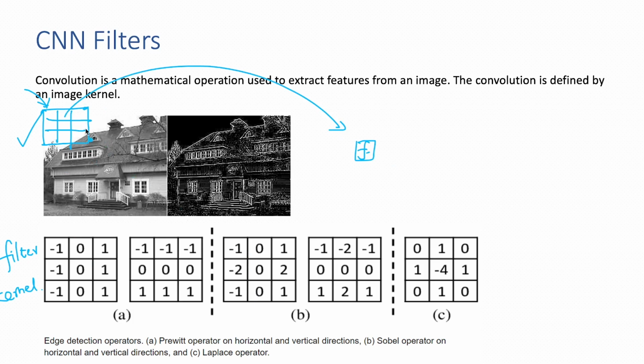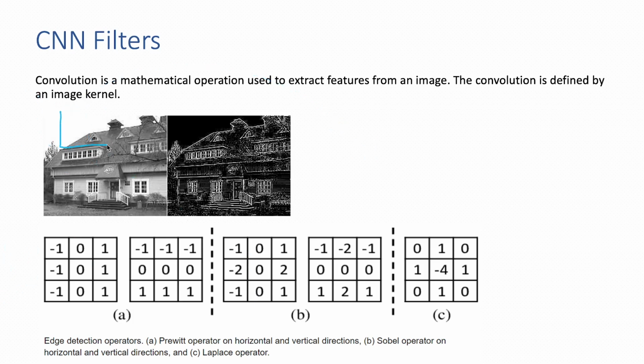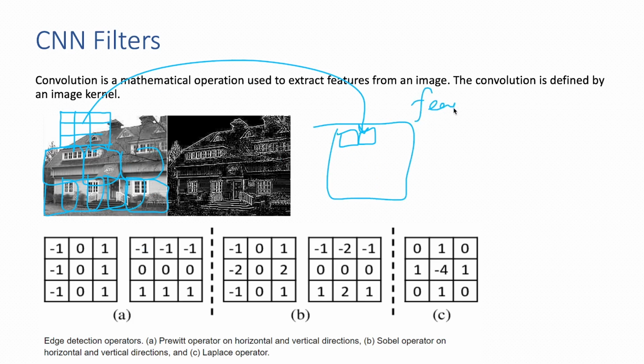And in the next iteration, you slide your kernel by 1 pixel, right? I'm sliding the kernel by 1 pixel, and now I'm extracting another feature here. Likewise, you keep sliding your kernel to the subsequent row, and then to the subsequent row again till you exhaust all the patches within a given image, and you build something called a feature map, right?